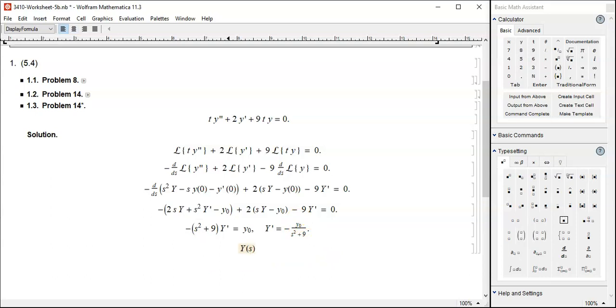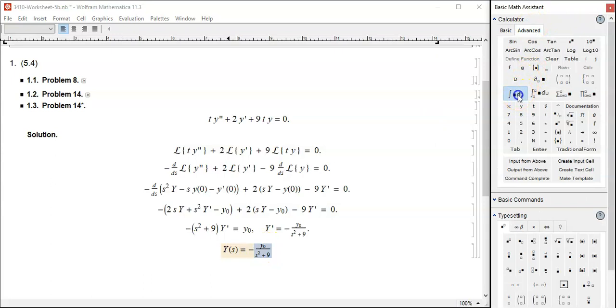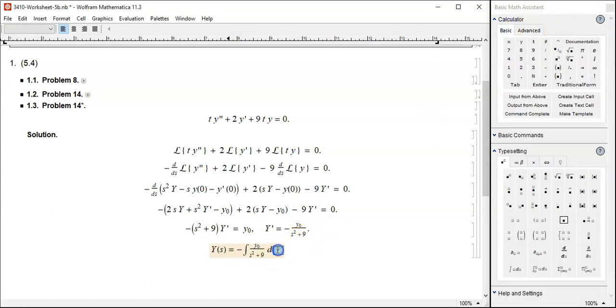Y of s is going to be the antiderivative of this guy. Let's increase the font just a little bit. What's the antiderivative of this? As a matter of fact, this is an arctangent function. It can be manipulated like this.